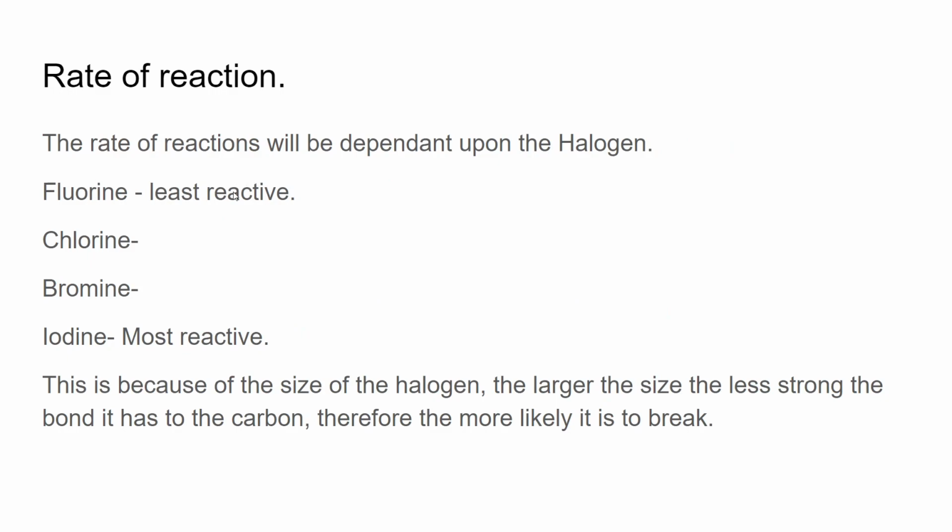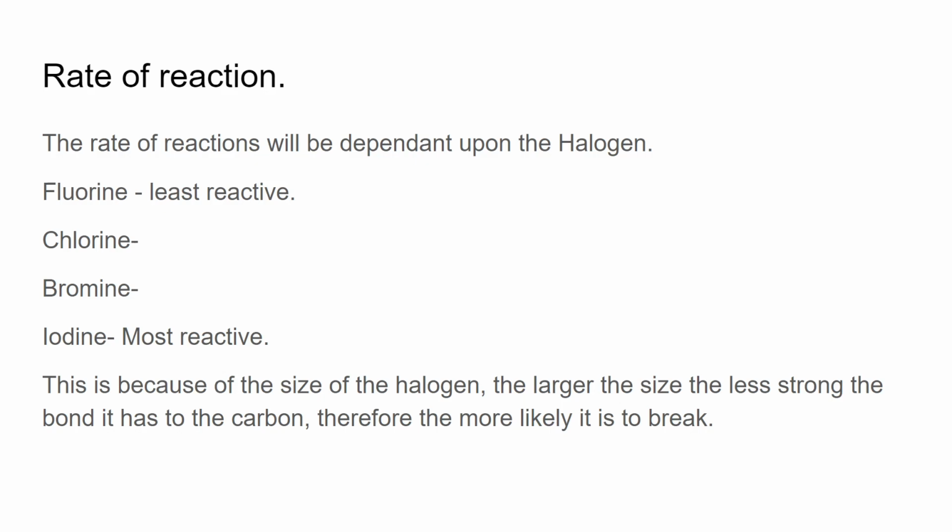Fluorine is going to be the least reactive, okay, because the size of fluorine is so small, and because its size is so small, it's really tightly bonded to that carbon. Therefore, it would take a lot of energy to release that fluorine from that carbon.